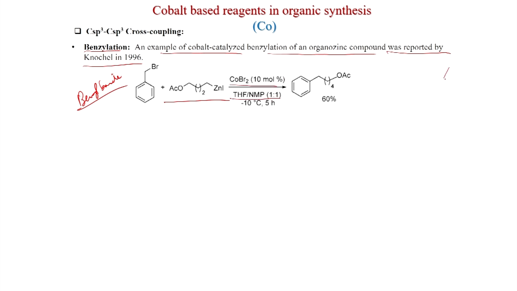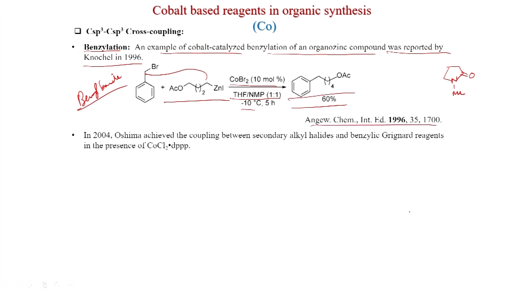NMP is N-methylpyrrolidone, that is also a solvent, and at minus 10 degrees centigrade you get this. So this carbon and this carbon react and you get this product in 60% yield. This was published in Angewandte Chemie International Edition 1996.